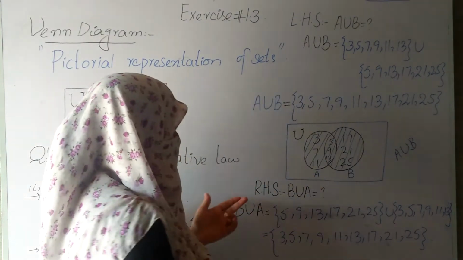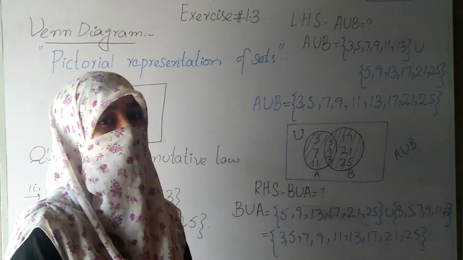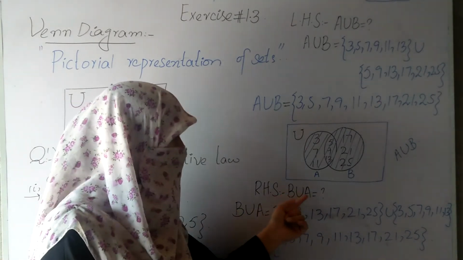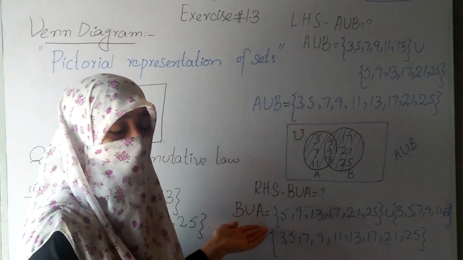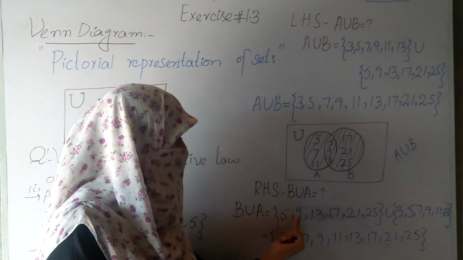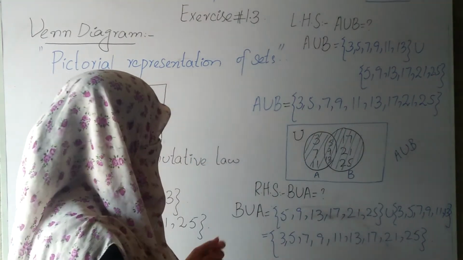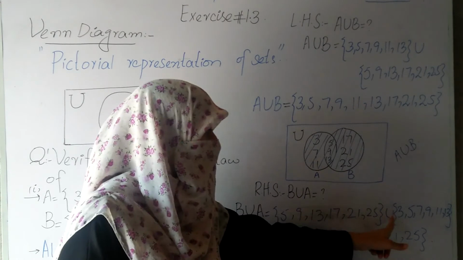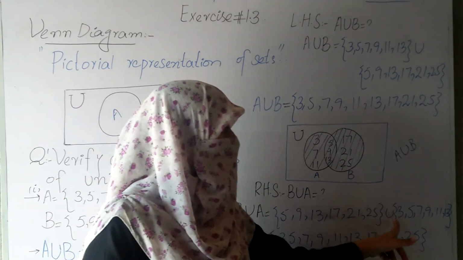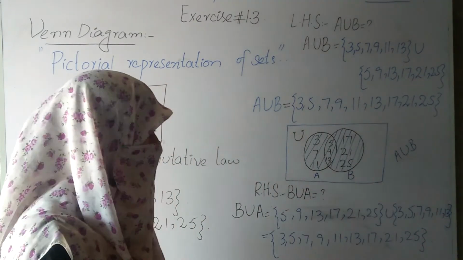Next is the right hand side, which is B union A. Now we have to prove B union A. We write here B union A. Write the set B, which is 5, 9, 13, 17, 21 and 25. Then in the center union and write the set A, which is 3, 5, 7, 9, 11 and 13.